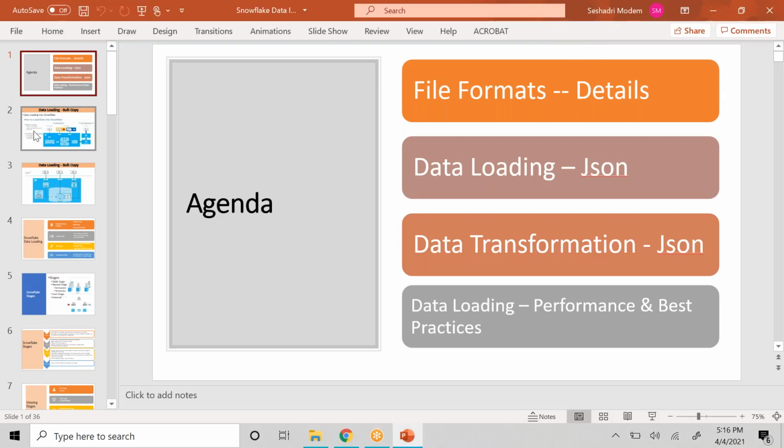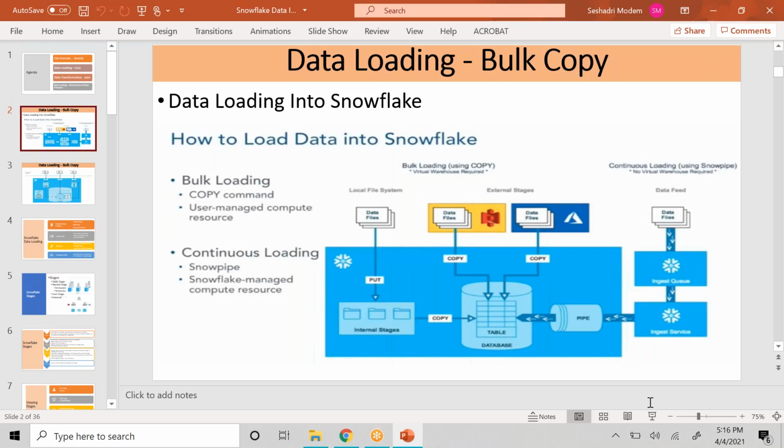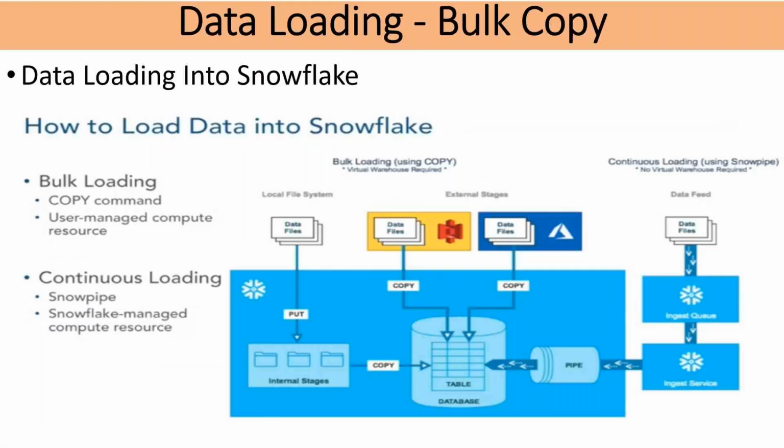If you look at this diagram, it shows how to load data into Snowflake, and the loading is called bulk loading. This is data files from your local file system, and here you see the Amazon S3 symbol, S3 buckets, Azure blobs, and Google storage. Any of them, you can load the data into a table.